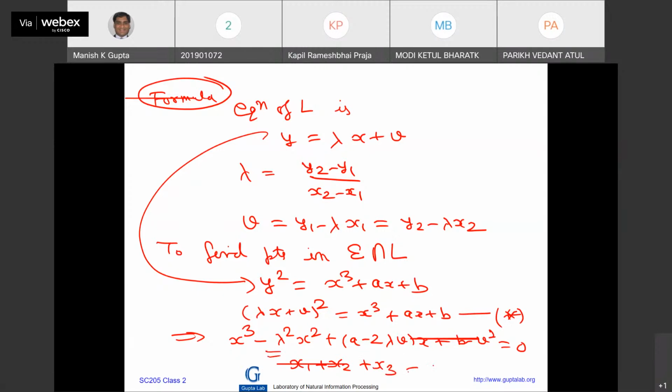So this is lambda square. Sum of the roots is equal to minus b by a, right? So x1 plus x2 plus x3 is equal to lambda square. Therefore, we have the value of x3 as lambda square minus x1 minus x2.